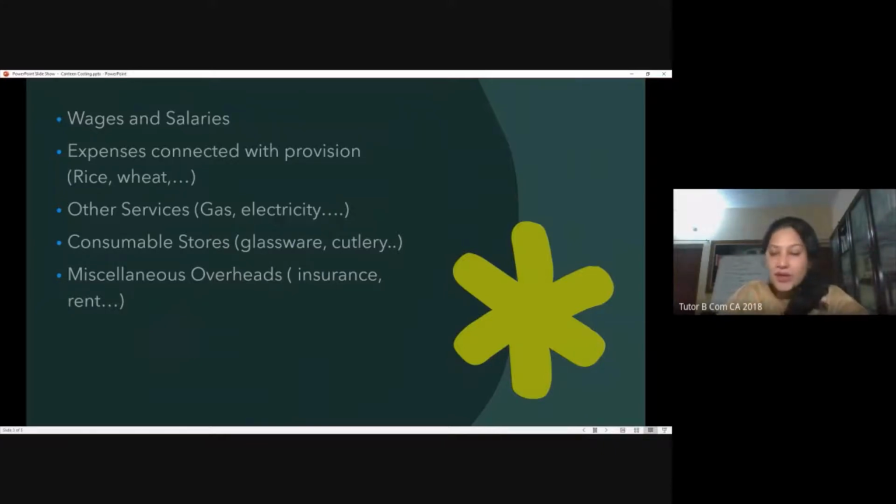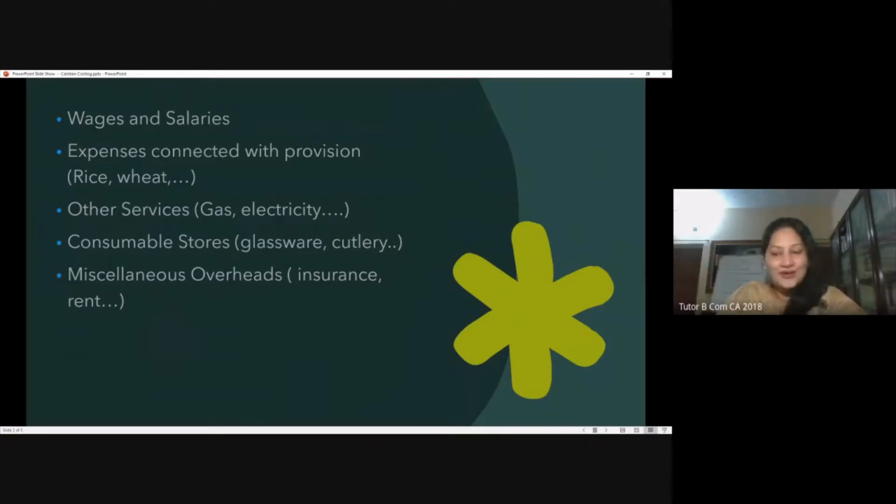Say one customer can come and say that we need lunch for 100 people. So maybe you will price it accordingly based on that particular order because it's a bulk order. You are not selling it individually to each customer. So this is the context of computing expenses connected with a canteen business.